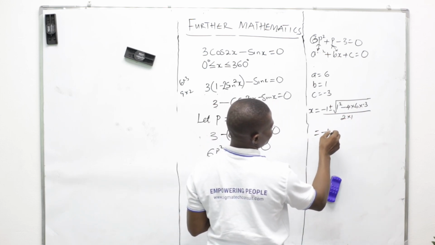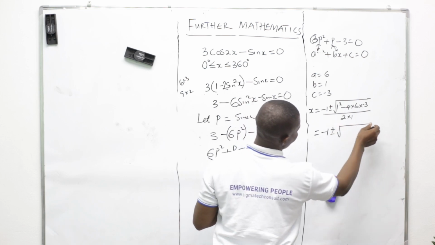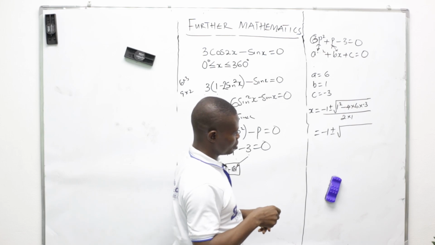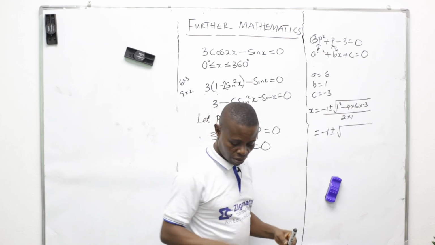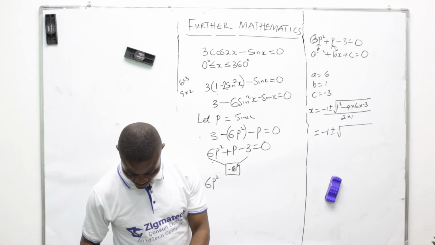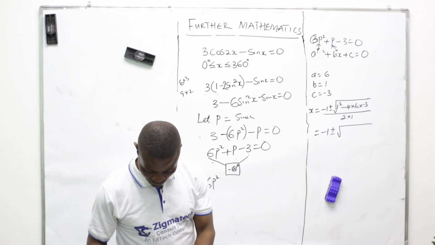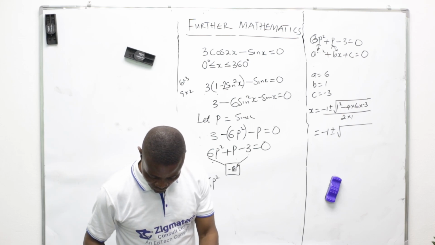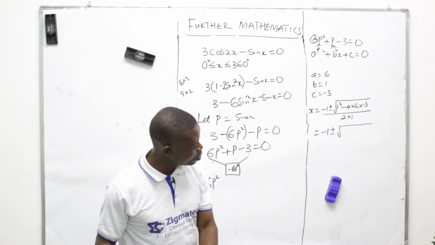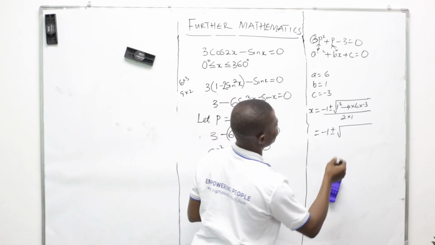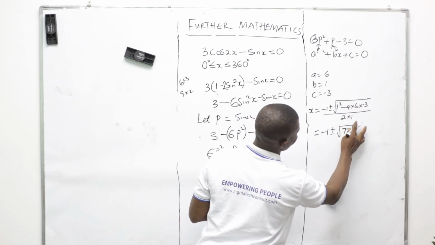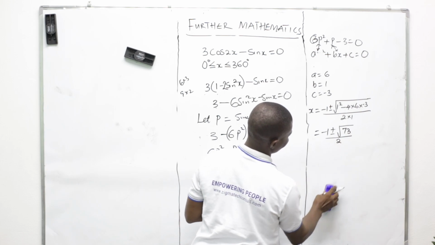This will give us minus 1 plus or minus square root of 4 times 6 times 3 equals 72. So this is 72 plus 1, that is 73, all over 12.